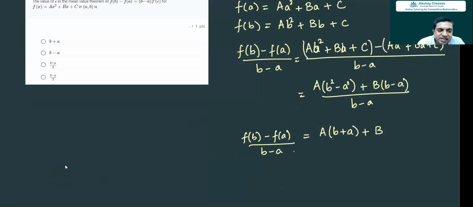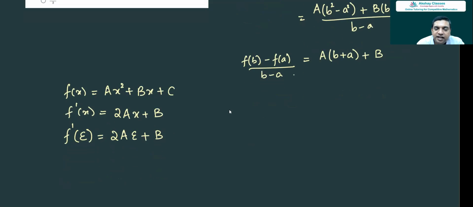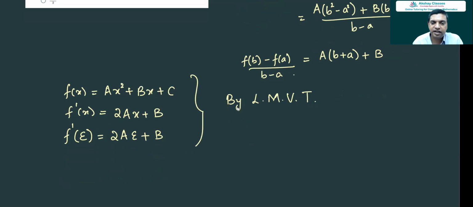Now given f of x is Ax square plus Bx plus c, what is f dash x? F dash x will be 2 capital A x plus B. Now f dash of epsilon will be 2 capital A epsilon plus B. Now by Lagrange's mean value theorem, epsilon is a value between a and b.